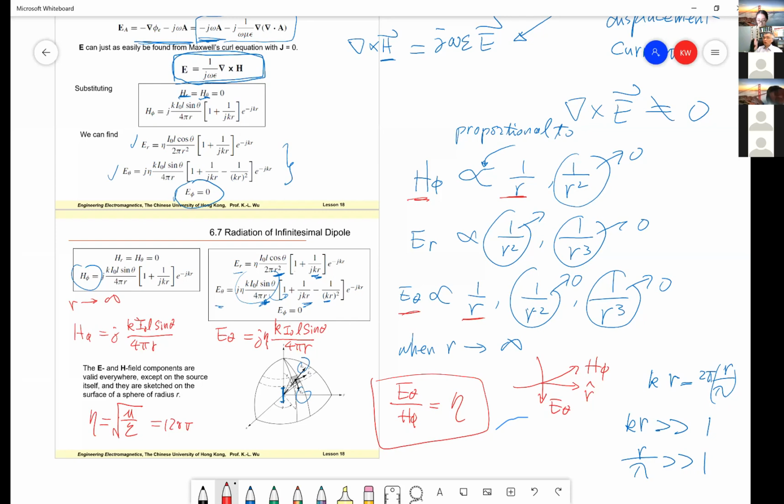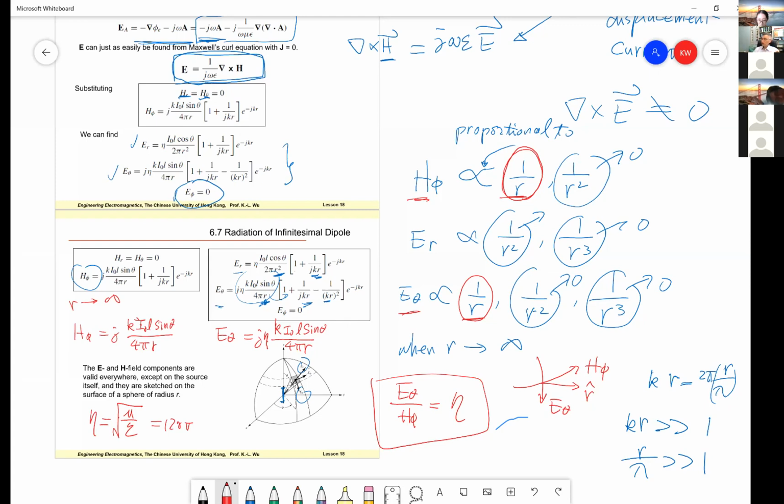The only difference from our plane wave is that our plane wave doesn't include this 1 over R distance dependence. This is not because it's not there.